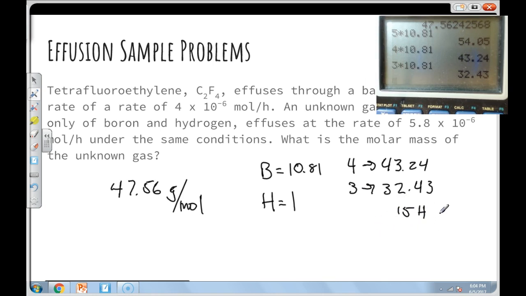But now if we have 4 borons, that means we have 4 hydrogens, and that makes a lot more sense: it's B4H4. Okay, so that is our molecular formula there. And we figured that out just based on doing an effusion exercise.